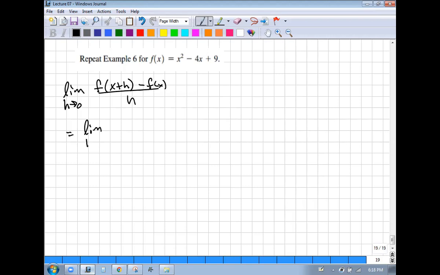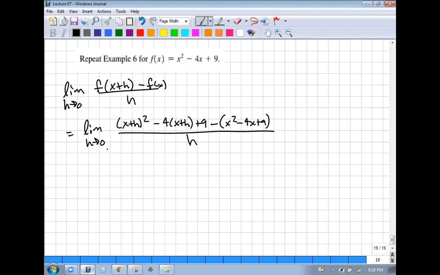So what is f of x plus h? I take x and I replace it with x plus h. That's this guy. Now minus f of x. Well, f of x is just x squared minus 4x plus 9. Then I have an h on the bottom.